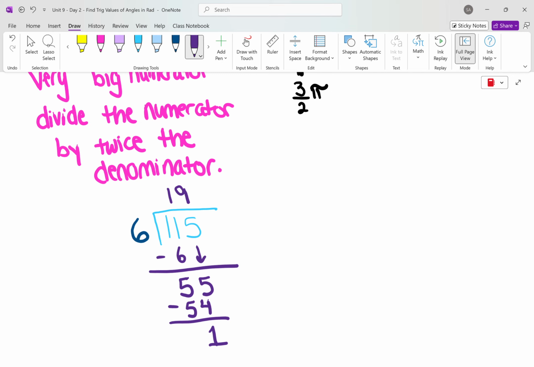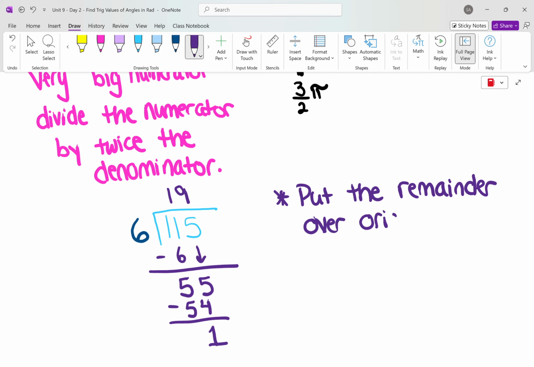And don't we have a remainder of 1? Okay, so now what we're going to do is put the remainder over the original denominator.